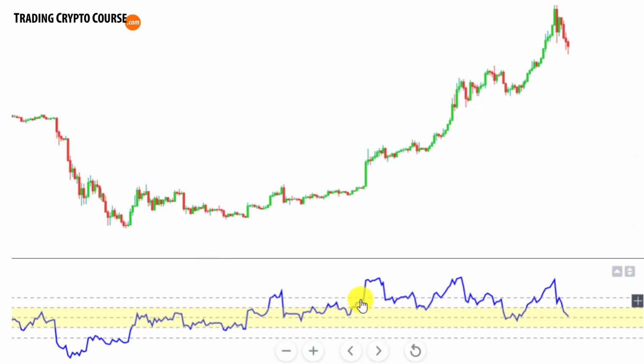Or for example, over here, price gets above 70, it's overbought, but all this time it is above 70, price gets all the way over here, makes another run up. So it's actually, as you see, not overbought, but it's very bullish.